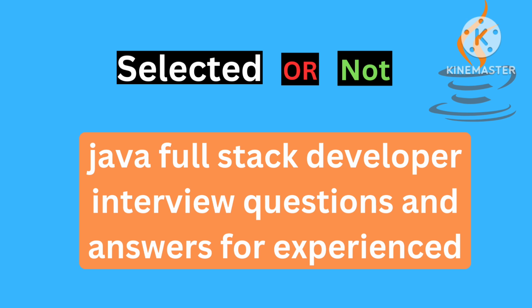How to convert a list object to a hash map object by using Stream API.